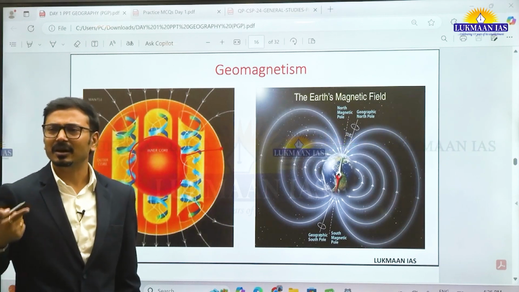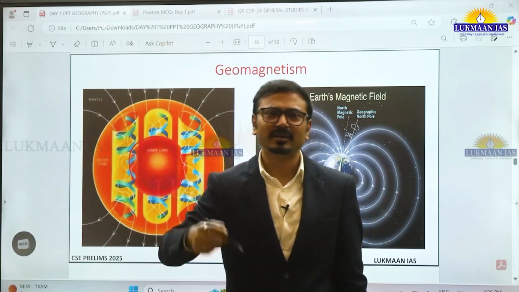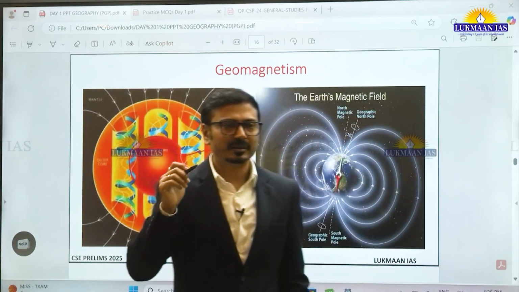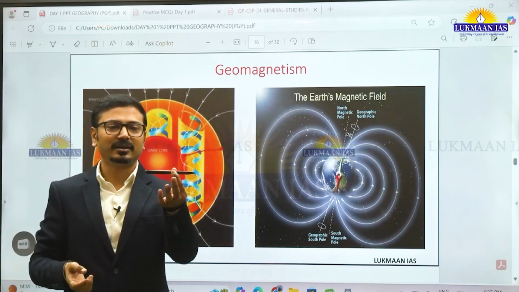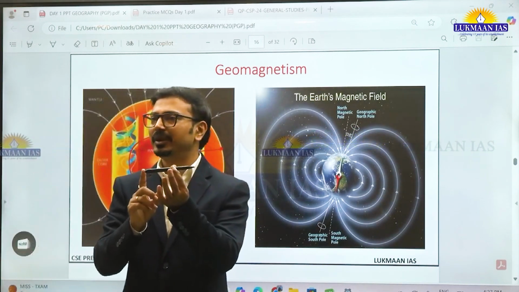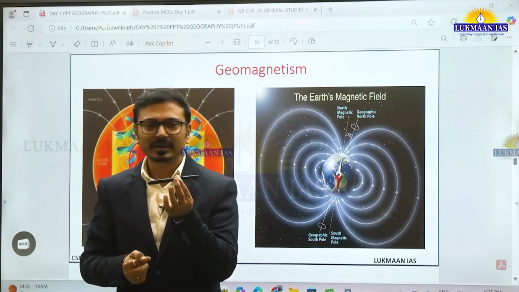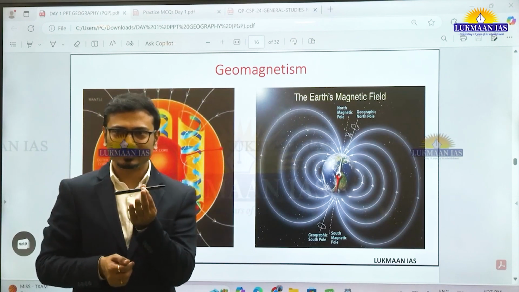Simply, a charge flowing inside the conductor produces a magnetic field around it. When the current is passing through the conductor, it creates a magnetic field around it. It is the magnetic effect of electric current, we have learned, right.